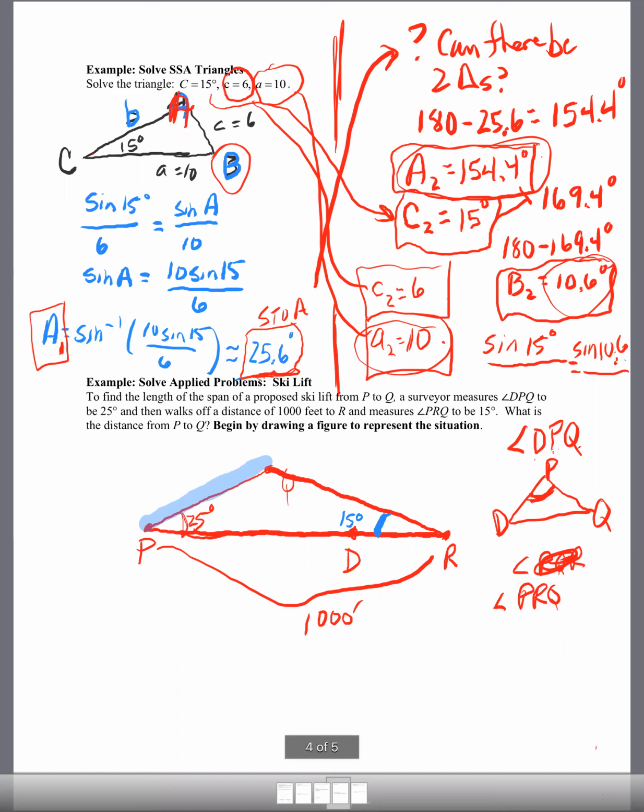What we see here, if I take all of the extra stuff out, we have a triangle. One of the angles is 25 degrees. Another of its angles is 15 degrees. And we know the length in between, which is 1,000.